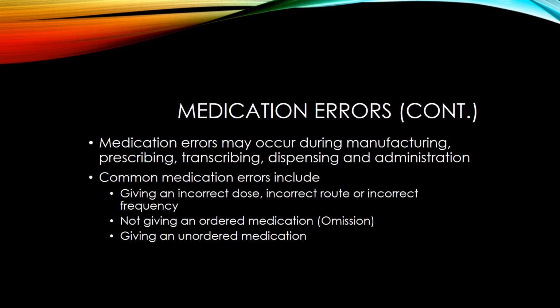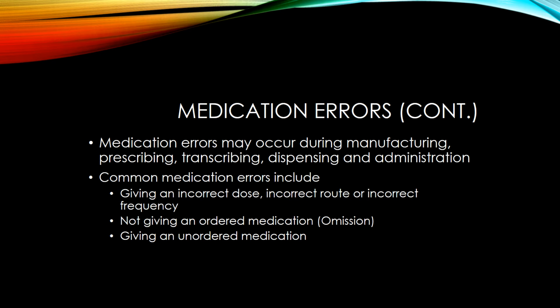Errors may occur during manufacturing, prescription, transcription, dispensing, and administration. So, as you know, manufacturing is going to be your drug company. Prescribing is going to be the healthcare provider that's licensed to do so. Transcribing can be the healthcare provider, or that can actually be a nurse as well.